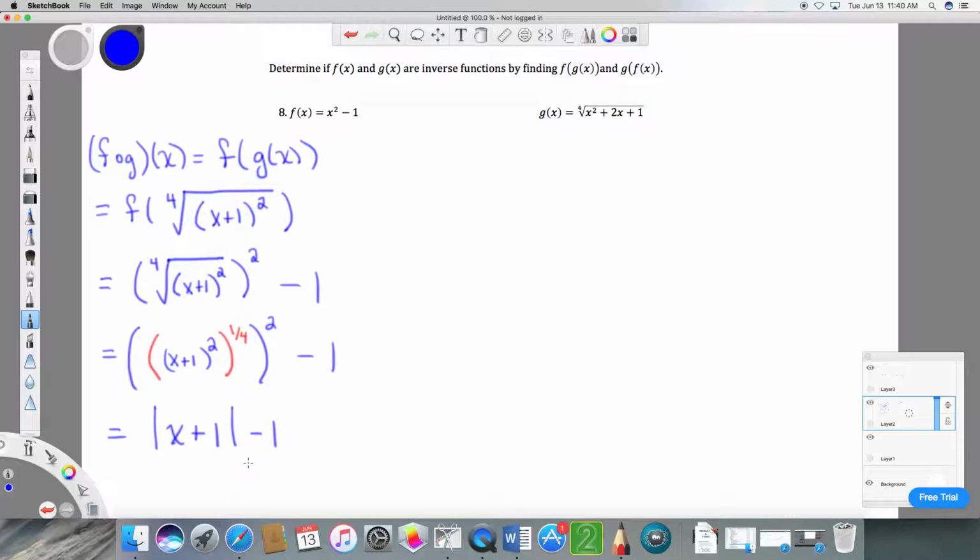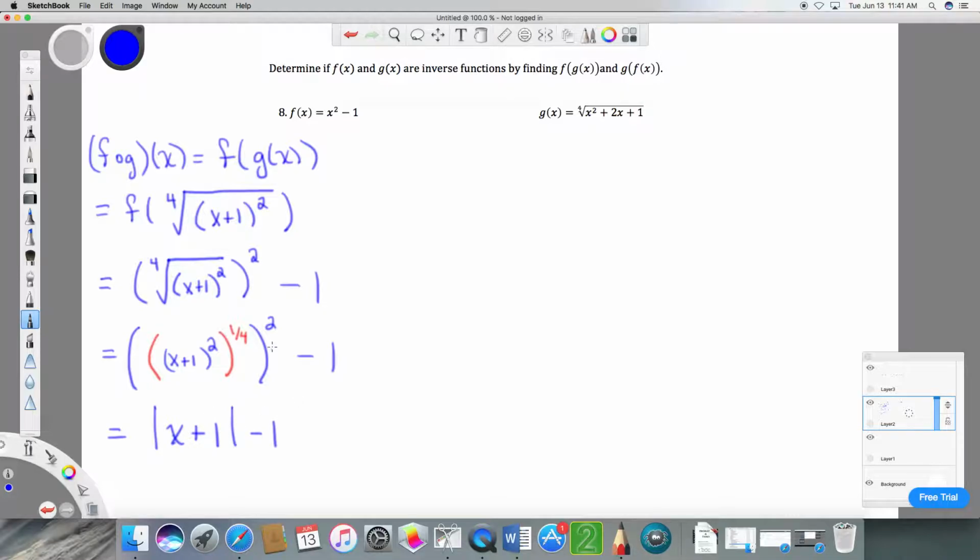Now it's possible that I could later simplify, if I can show that x is always going to be bigger than or equal to -1, then I'll be able to drop those absolute values. But I'm not sure. So I need to find the domain of this function composition to decide whether I can simplify this to just x or not. If I can drop these absolute values, then the +1 and -1 are going to cancel. But if I don't have justification for doing that, they're going to stay there.